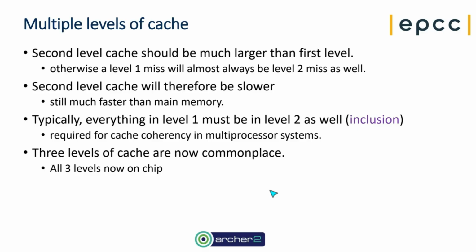Typically, we have multiple levels of cache. As we've indicated, they increase in size. Otherwise, there's no point. If the second level cache isn't significantly bigger than the level 1 cache, then all you've done is basically stored the same data twice. So that doesn't help.